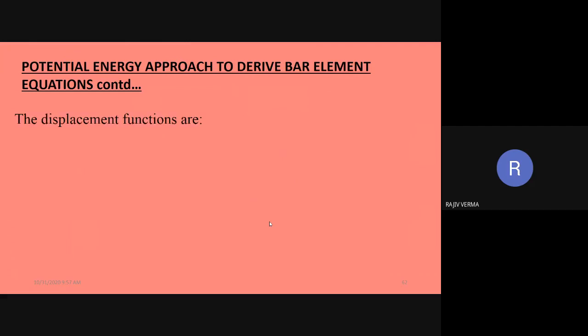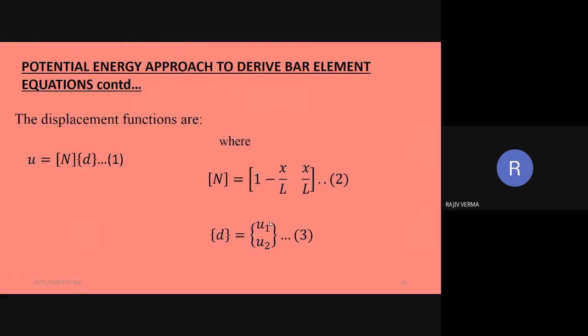Now in this particular slide, we are simply going to substitute the expressions for displacement, which is given by expression number 1, in which case N happens to be the shape function or the interpolation function given by 1 minus x by L and x by L, and similarly the displacement is given by u1 and u2.